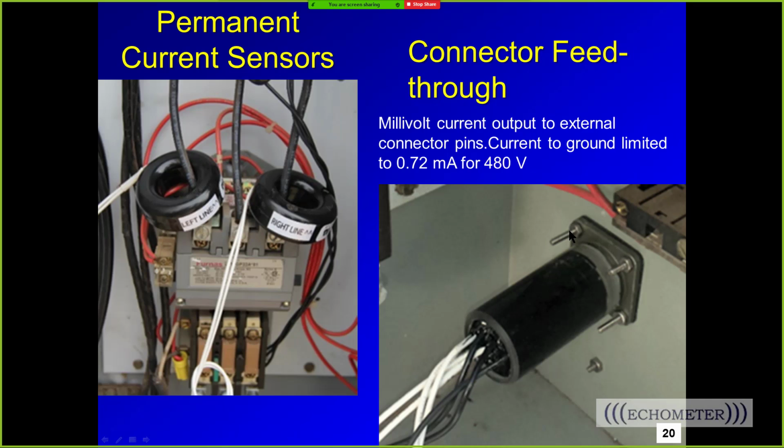You can see that we've got the connector here attached to the panel, and it's showing that we've reduced the current to a really small milliamp current for the 480 volts, which is almost nothing. And here are the current sensors and the black wires for the voltages on top of the HOA switch.